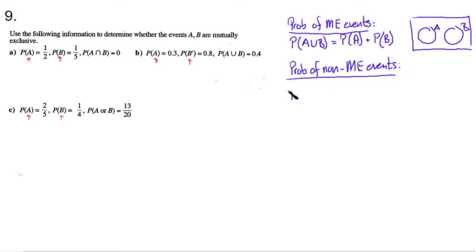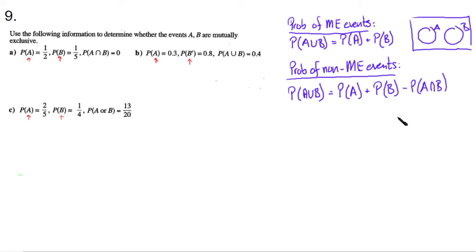The probability of A or B equals the probability of event A occurring plus the probability of event B occurring minus the probability of A and B occurring. This symbol here, again from set notation, means the intersect. So for mutually non-exclusive events, we have to subtract the overlap.